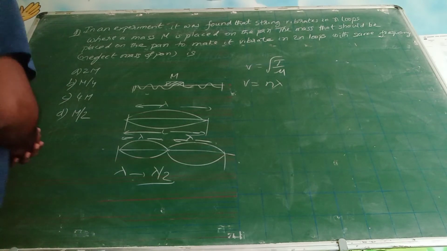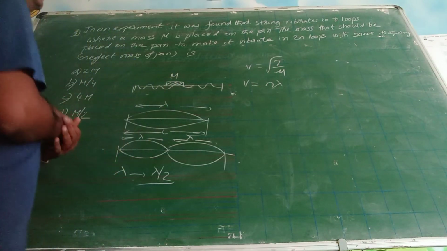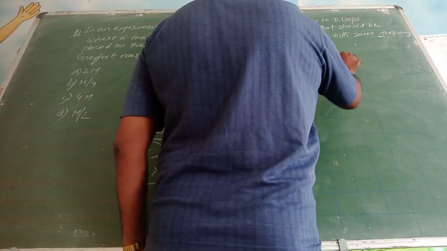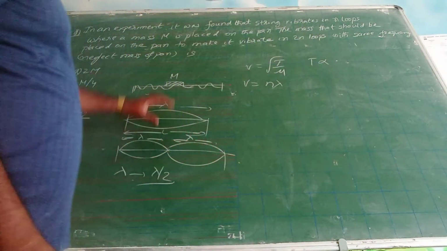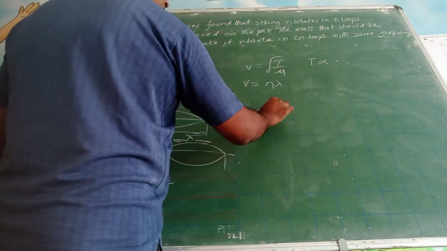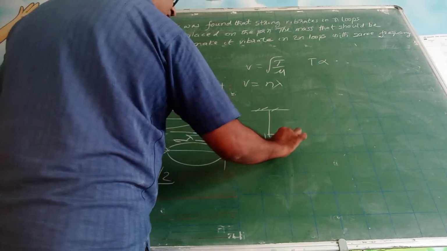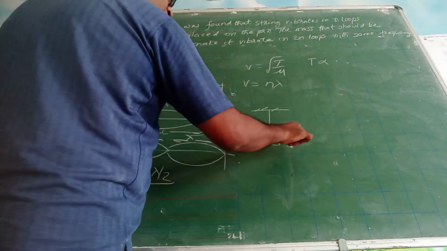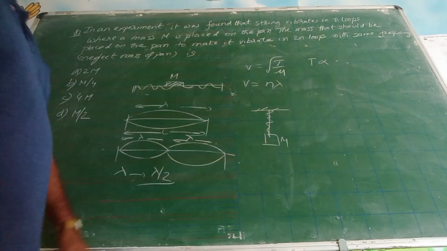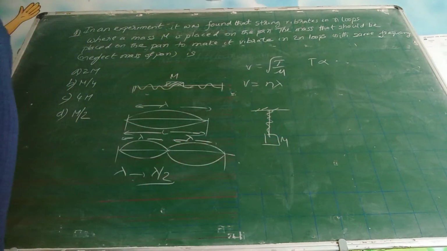Now, if you take the tension in the string, the tension here I have drawn it horizontally, but it is suspended like this. There is a mass m. Alright. Now you are increasing this mass, so obviously there will be some vibration in the wire. So what is the tension here?